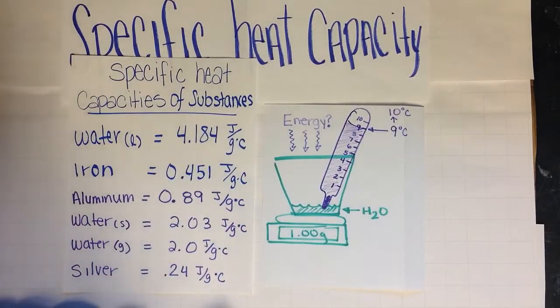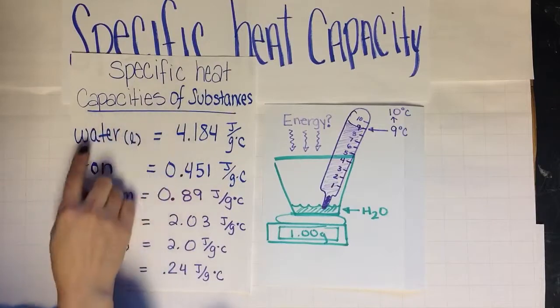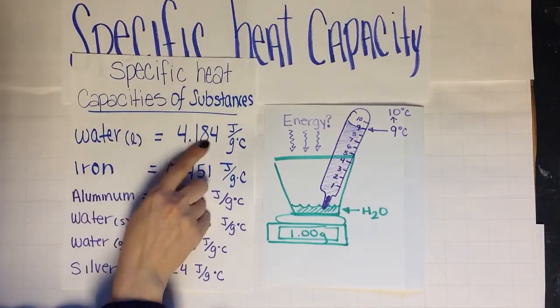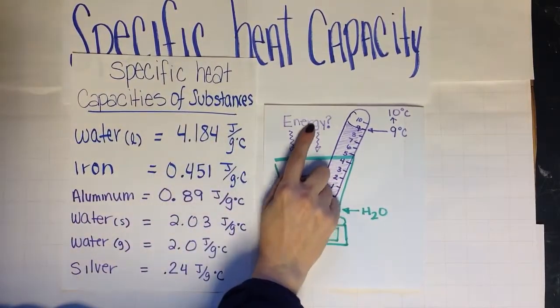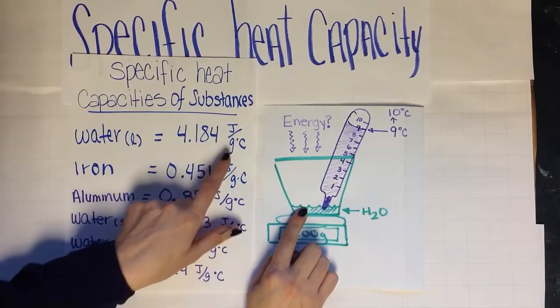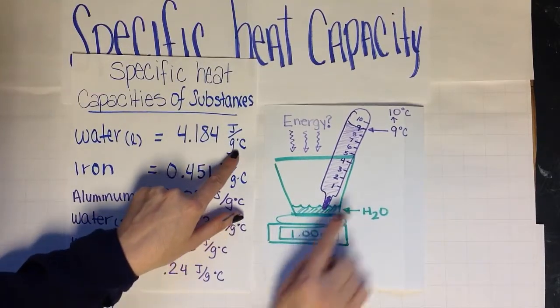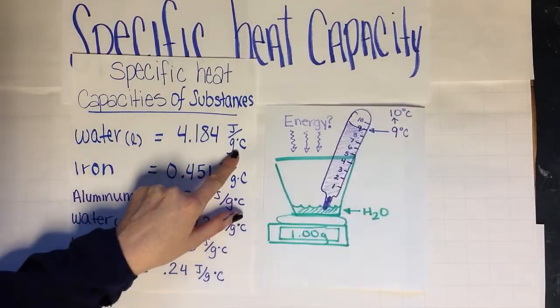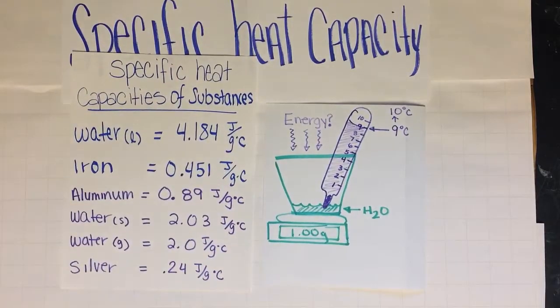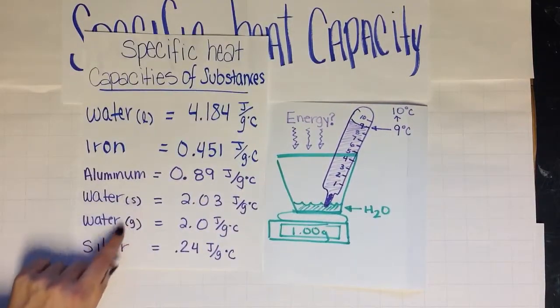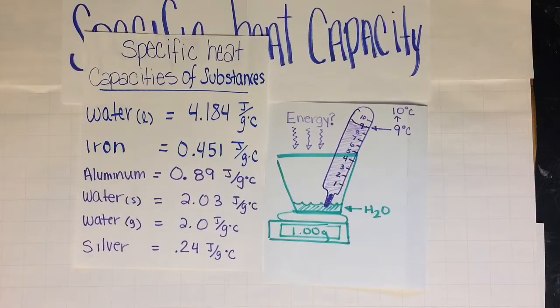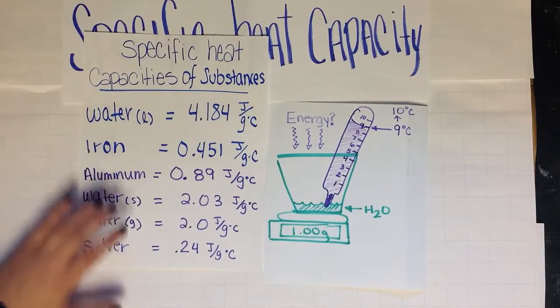Well, the answer is that is the specific heat capacity. Water needs 4.184 joules of energy going in to raise this 1 gram up 1 degree Celsius. Okay? And if you notice, water at different states of matter has different specific heat capacities. And then I've also listed some metals that are popular that we'll be working with.